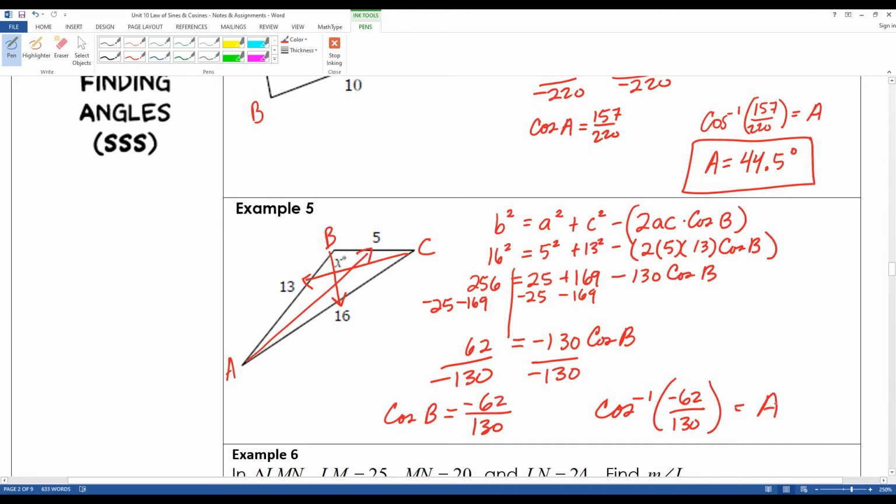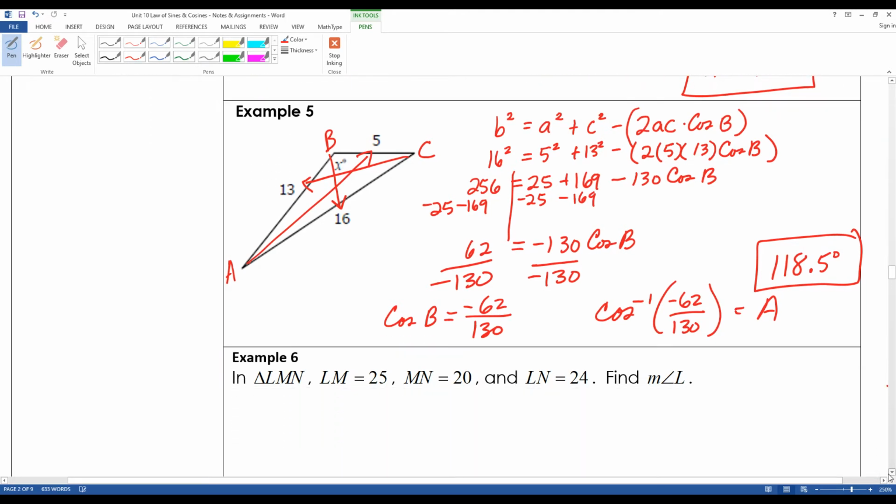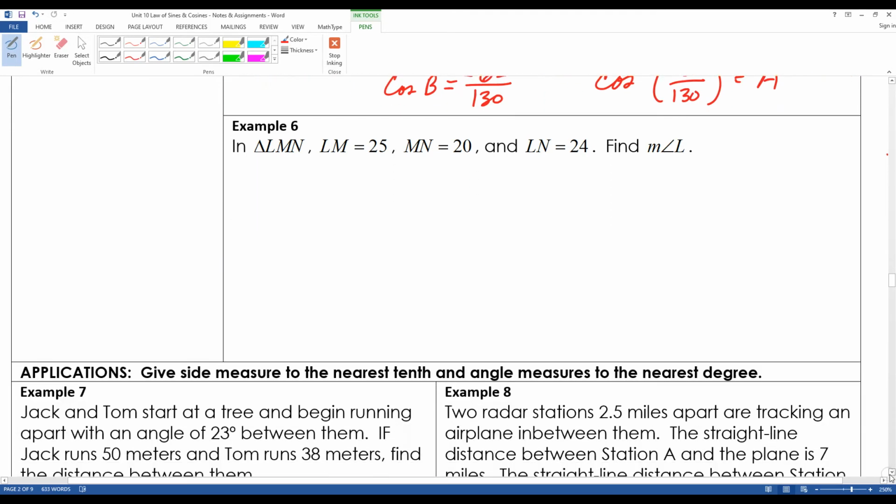So I do second cosine, negative 62 divided by 130. And I think you need to use the negative button. And I get 118.5.